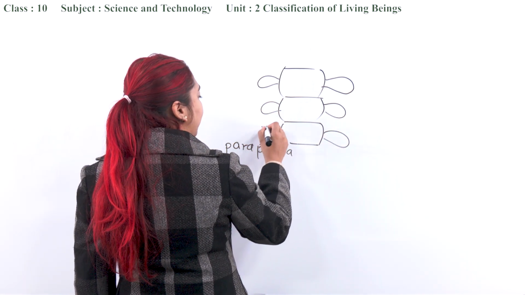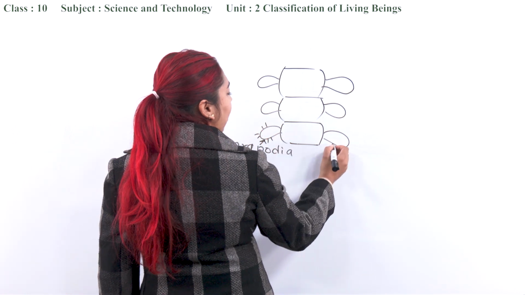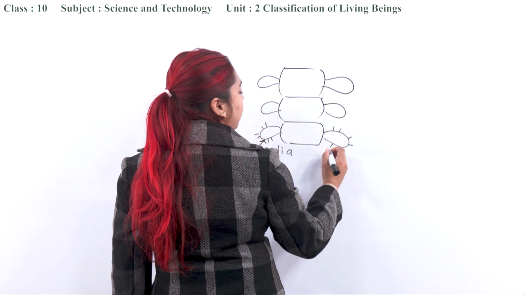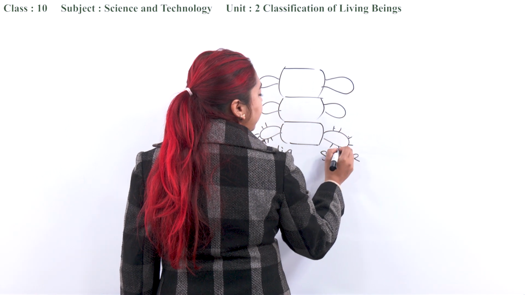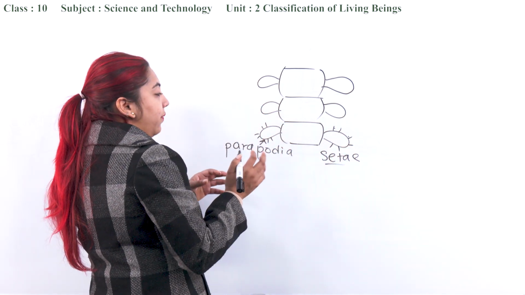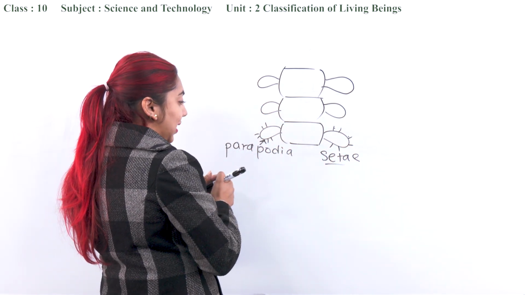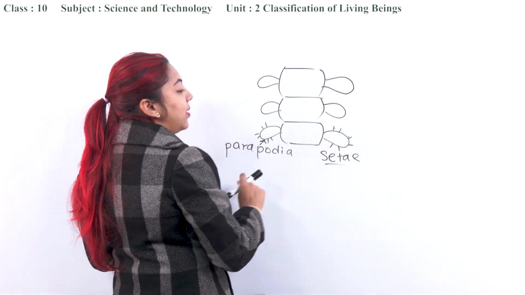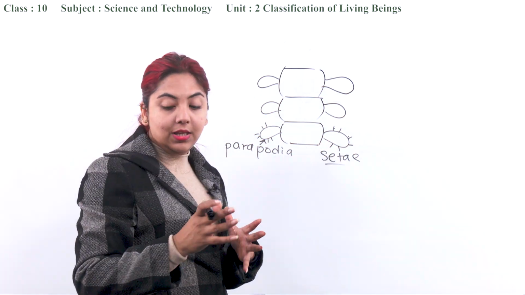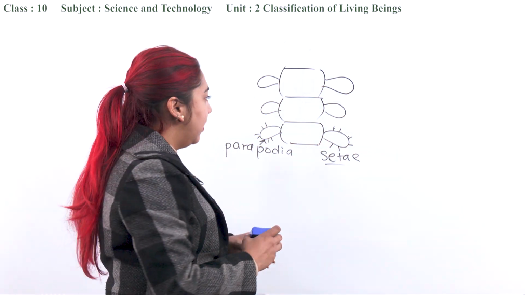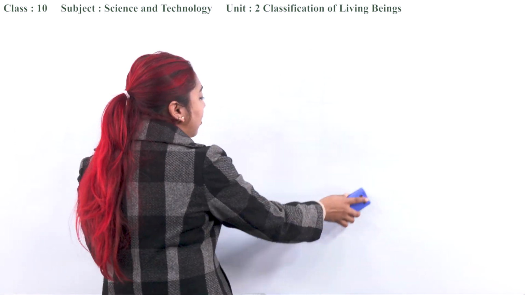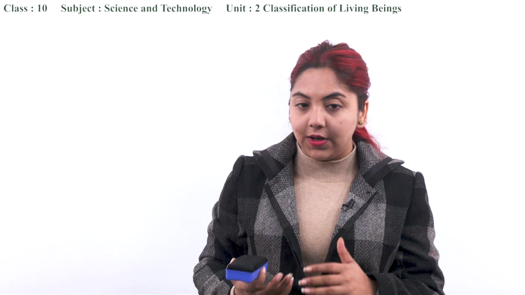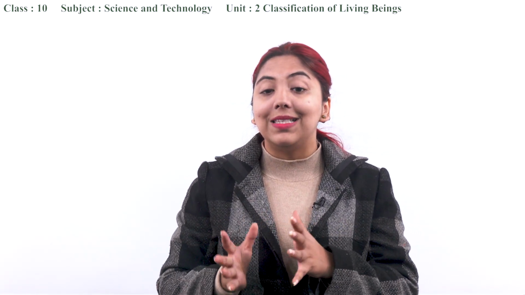And this parapodia has this structural outgrowth, which is also known as seta. And this seta helps in locomotion for this organism. So the hydraulic skeleton as well as setae help in locomotion for these organisms. Now, the hydraulic skeleton helps in locomotion in organisms such as the earthworm, and in certain organisms, if they do not have such a tendency, then they locomote by seta as well.